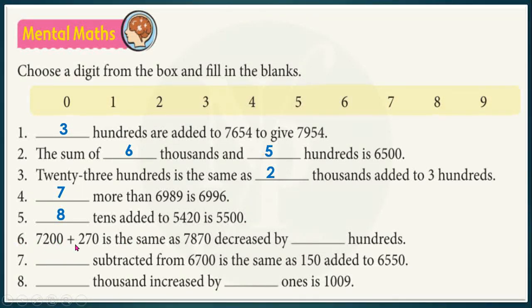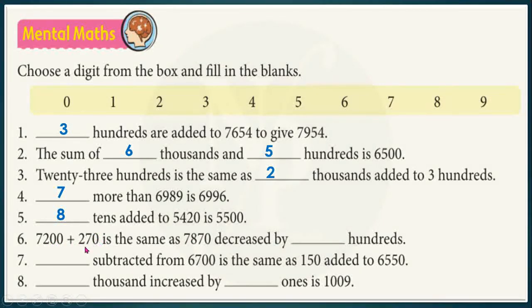Coming to question number 6. 7200 plus 270 is the same as 7870 decreased by dash hundreds. So yes, what you get on adding 7200 and 270?